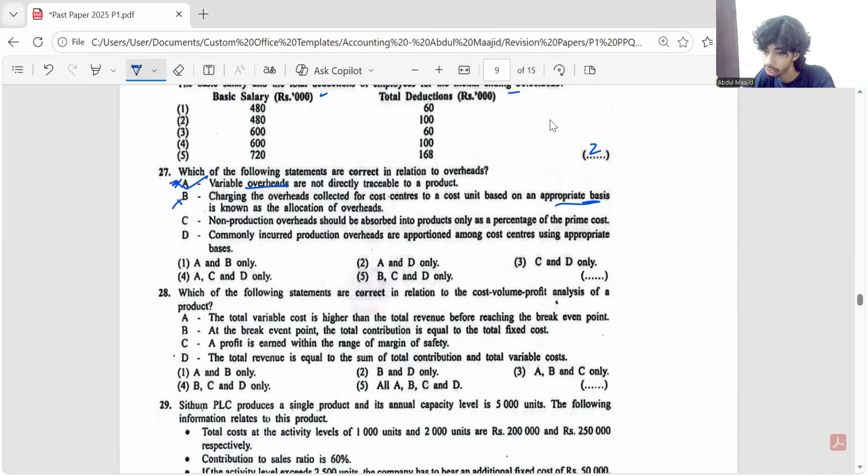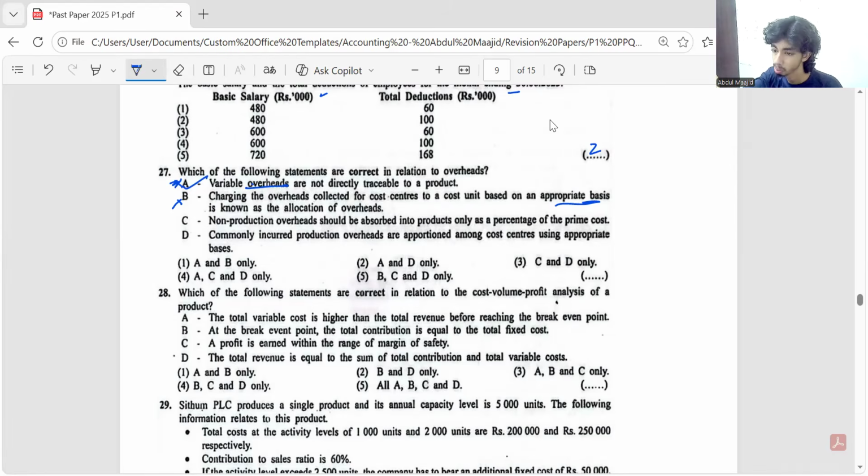When the number of products increases, the amount of paint you need increases. So that's a variable cost. But can you calculate how much is the value of paint for one particular unit? It will be difficult to figure out how much is the cost of paint incurred for 1 unit. So it's not directly traceable to a product.